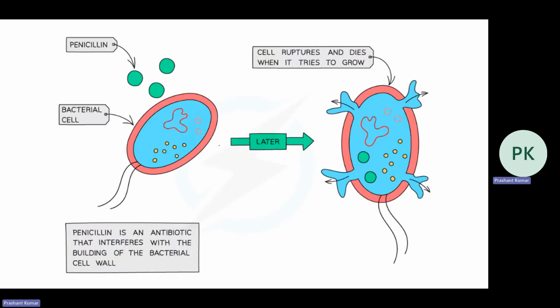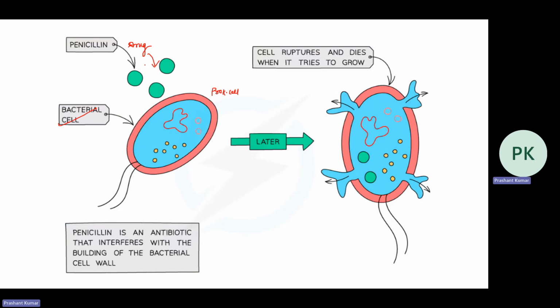So take an example. Suppose this is the cell. This is penicillin, the drug. You can see this is the drug, given to the cell. This is the prokaryotic cell, also called a bacterial cell.